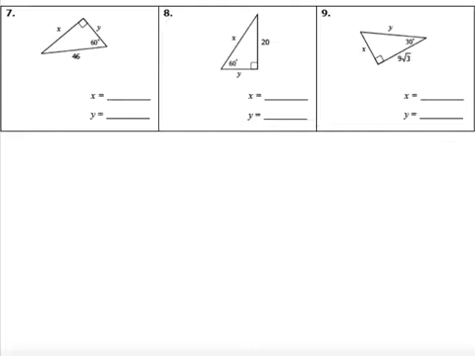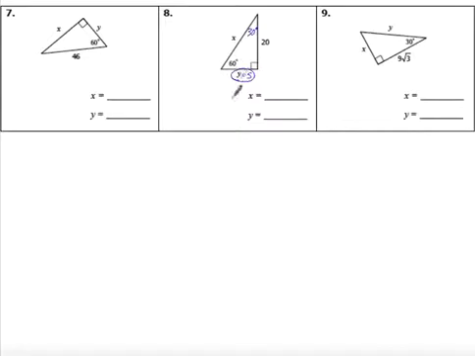So for number 8, again, we always start by labeling our sides. Make sure you're referring to your note sheet. So remember, this is 60, so this one has to be 30. And the shortest leg is the one across from the 30-degree angle. So that's s. Remember, the shortest leg is always s. So y is equal to s.